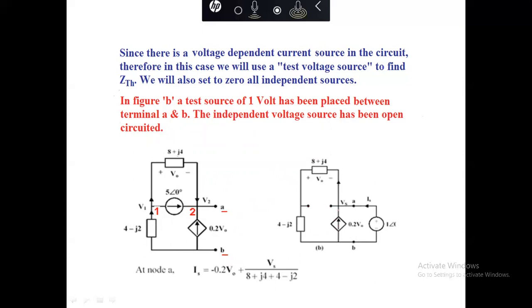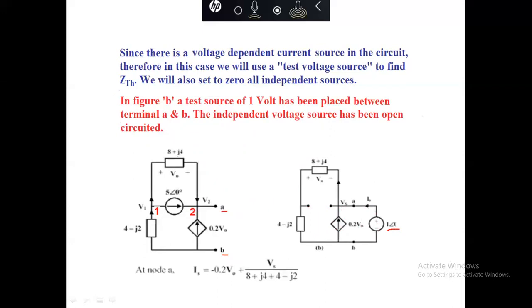And because we have a voltage dependent current source, we apply a voltage source across this terminal of 1 ampere at the angle of 0 degree.